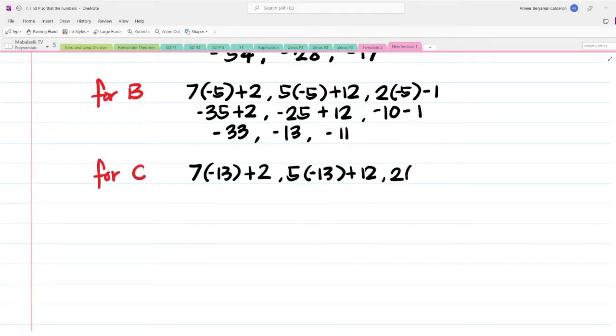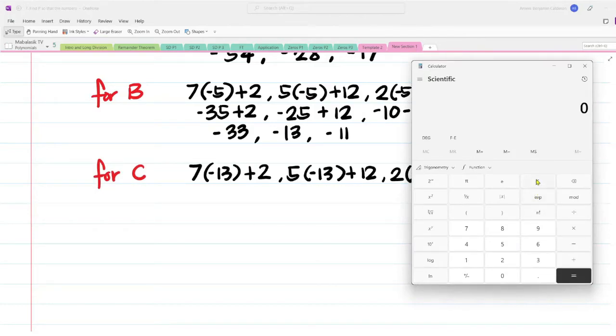And 2 times negative 13 minus 1. So 7 times 13, 91. That's negative 91.